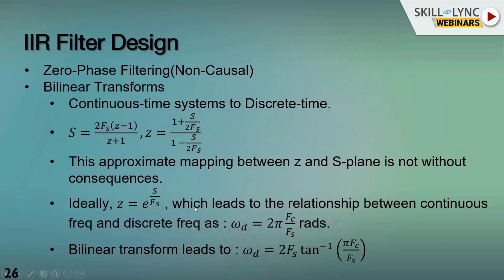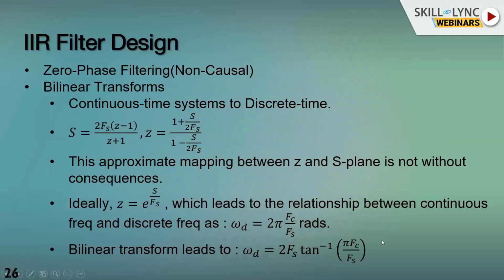And we have a relationship between the digital frequency, which I have shown as omega d, with the continuous time frequency and the sampling frequency. The sampling frequency is important, and the transformation is dependent upon the sampling frequency. If we change the sampling frequency, the mapping changes.